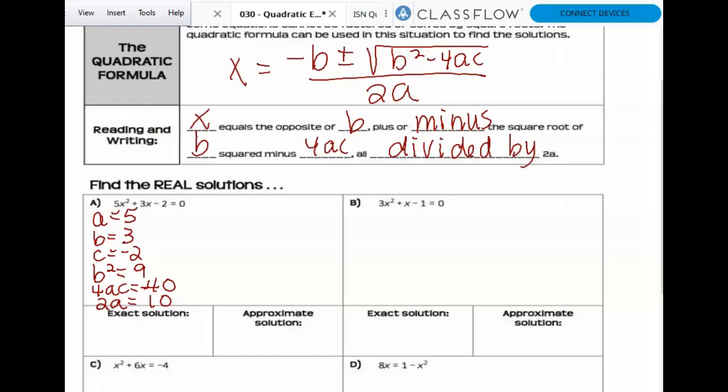So now we can just plug all the numbers back in the formula. So I get negative B plus or minus the square root. B squared is 9. I have a minus from the formula and then -40, all over 10.